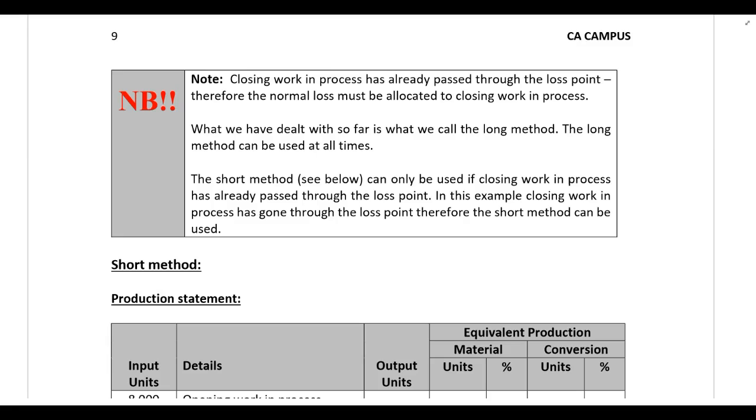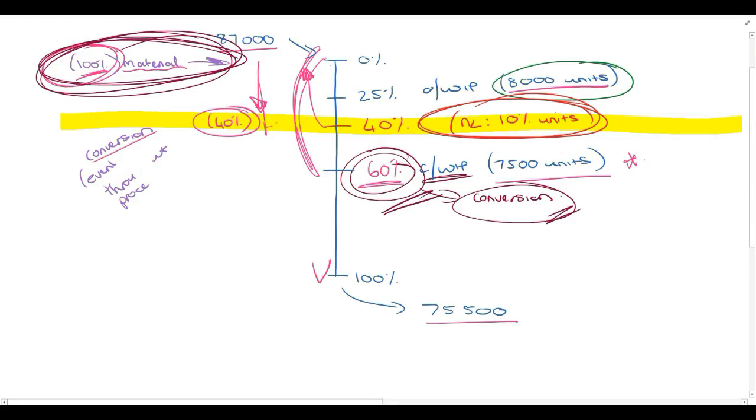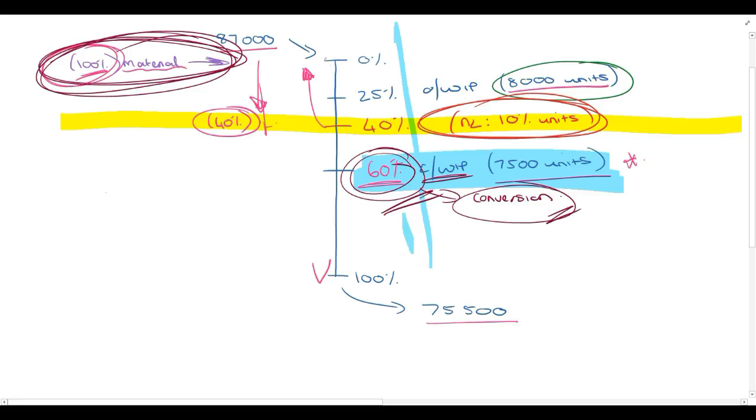Now, the criteria is that our closing work in process must have passed through the loss point. That's the only criteria. In this example, if we look at my diagram, where's my closing work in process? It's 60% complete. Did it go through the loss point in this period? Remember, we said it did go through the loss point in this period because in this period, I took it from 0 to 60%.